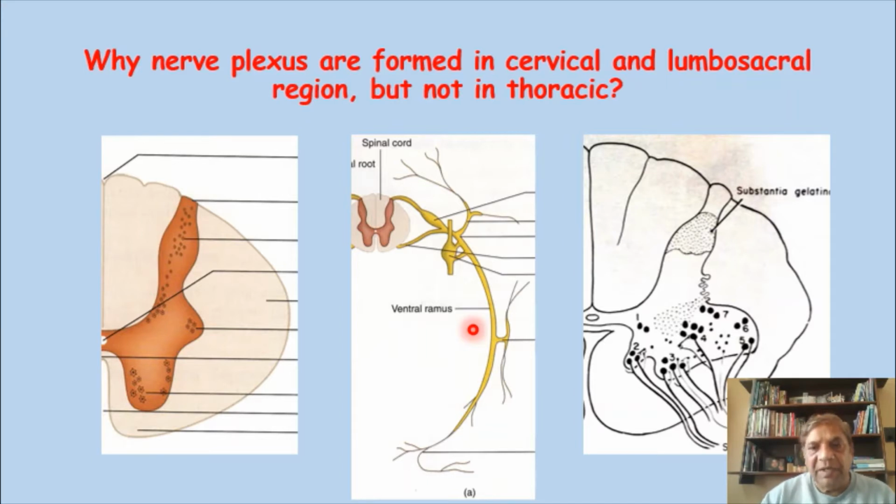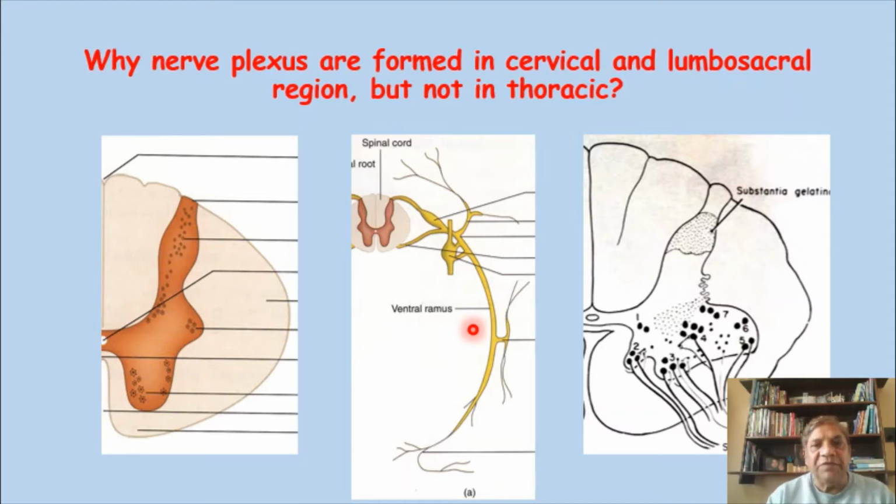And because of the formation of the upper and lower limbs, the spinal segments from C1 to T1 give origin to the cervical and brachial plexus, because they have to supply the upper limb muscles, which have started migrating from the central regions towards the periphery in the limbs.